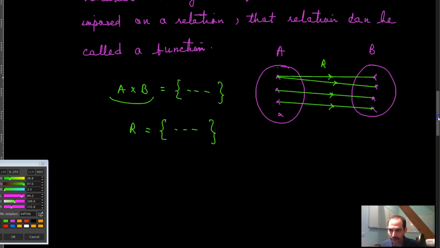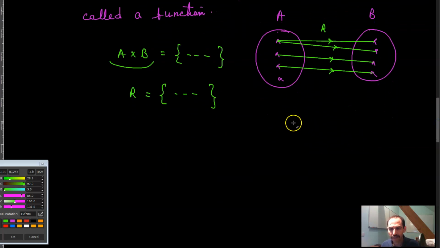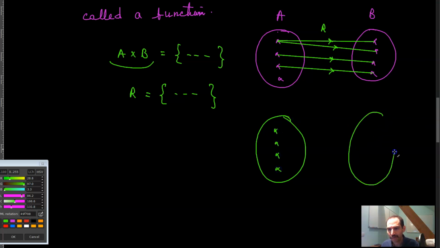Let's say I have these two sets, A and B, and a relation defined on these two sets, which graphically looks something like this.